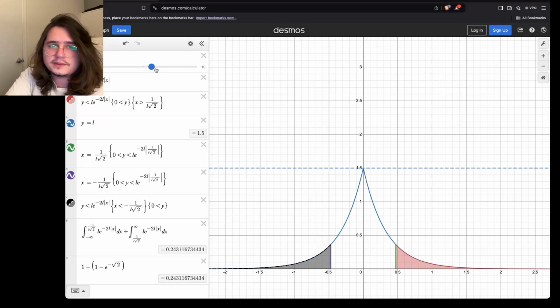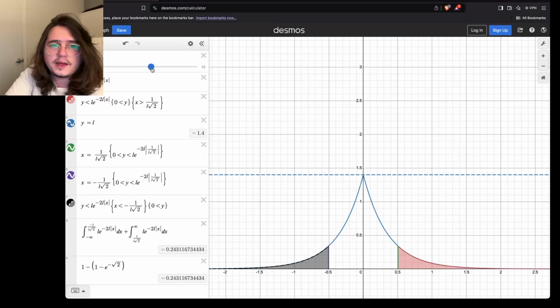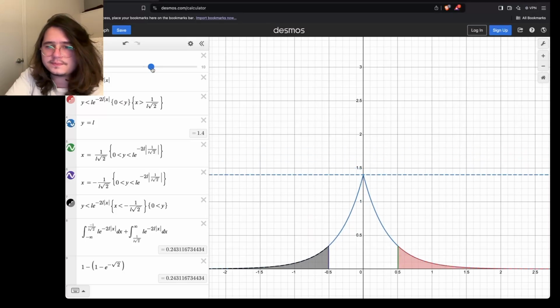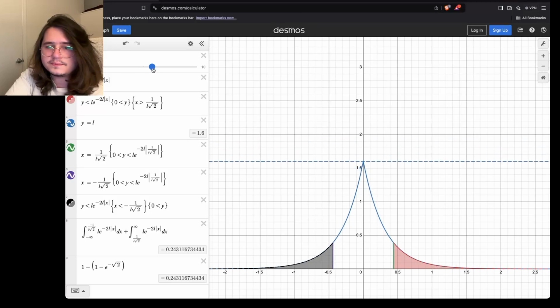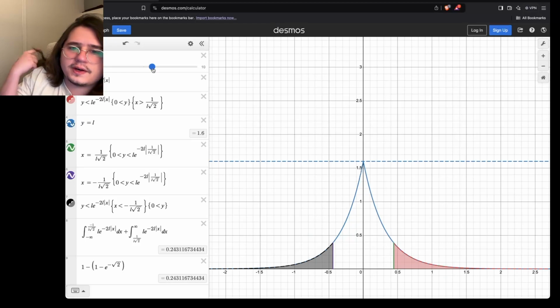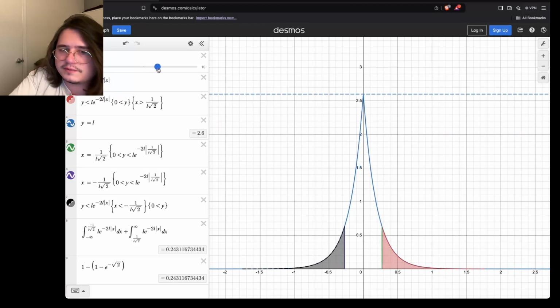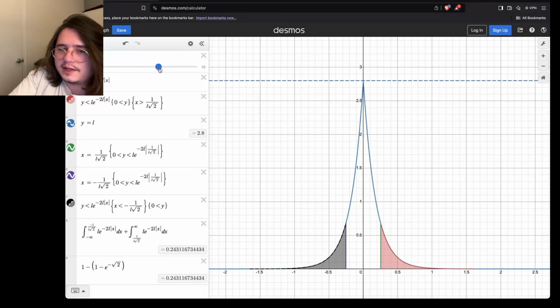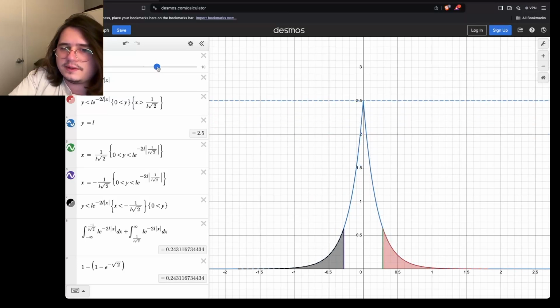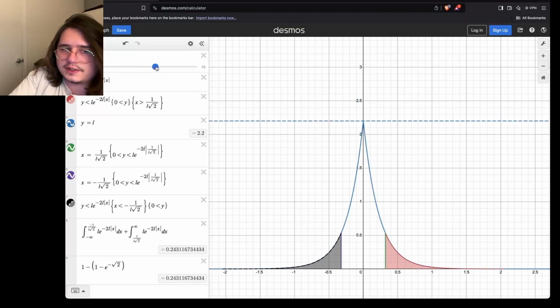The peak does occur at y equal to L, and it's centered at 0. And then I've shaded in the regions that the problem is asking for, the probability that it lies outside those points. The region in between is not shaded in.